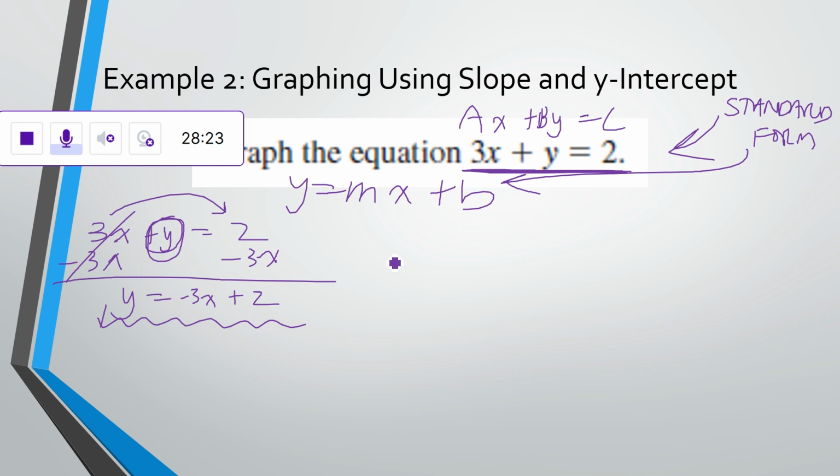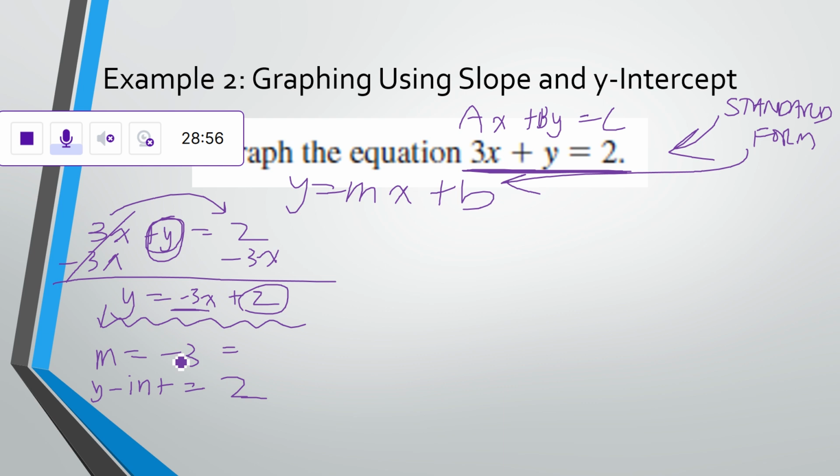Now, if I were to graph this using my slope and my y-intercept, I have to first identify those two things. My slope in this case is going to be whatever is next to x. In this case, it is going to be negative 3. And my y-intercept, or my b, is going to be a positive 2. So a couple things. We talked about how slope is also written as rise over run. So how would I interpret negative 3 as a fraction like rise over run? It's very simple.